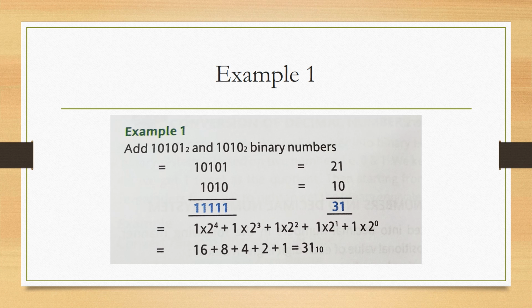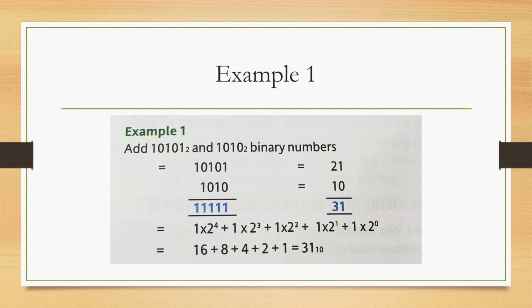As we do in maths, similarly we will add these numbers by following the rules of binary addition. 10101 is the decimal number 21. The binary number 1010 is equivalent to the decimal number 10. When we add 21 and 10, we get 31. So when we convert these numbers into decimal numbers, the addition answer will be 31.